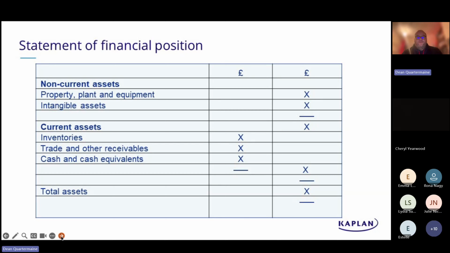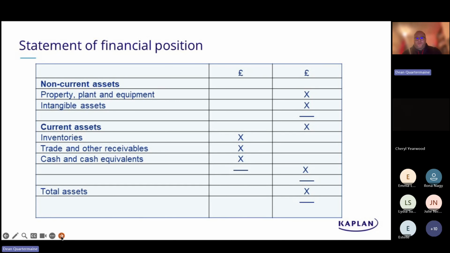So the least liquid first and the most liquid at the bottom. The least liquid of your current assets is your inventory, because you've got to sell your inventory to either create cash or trade receivables.